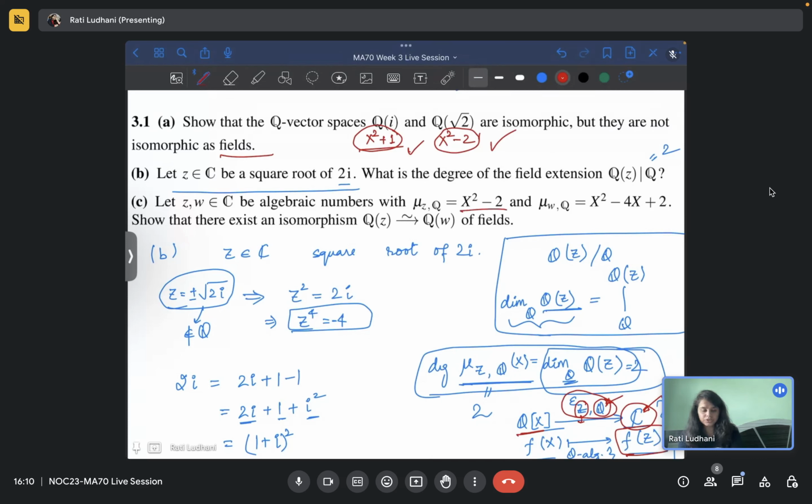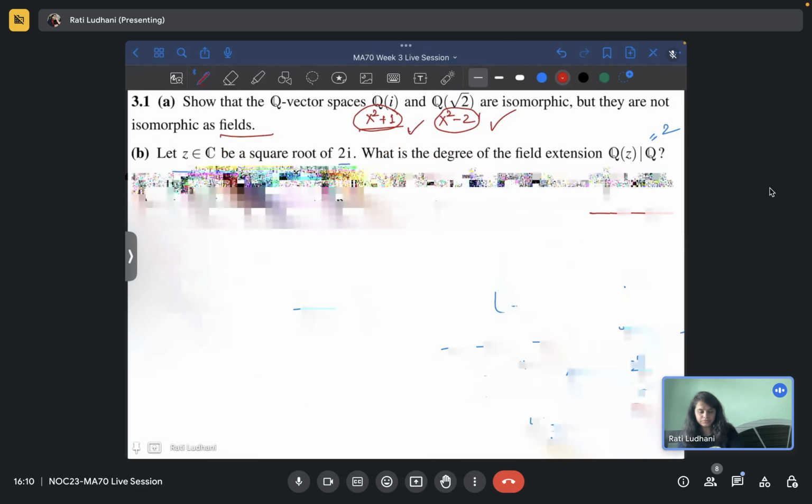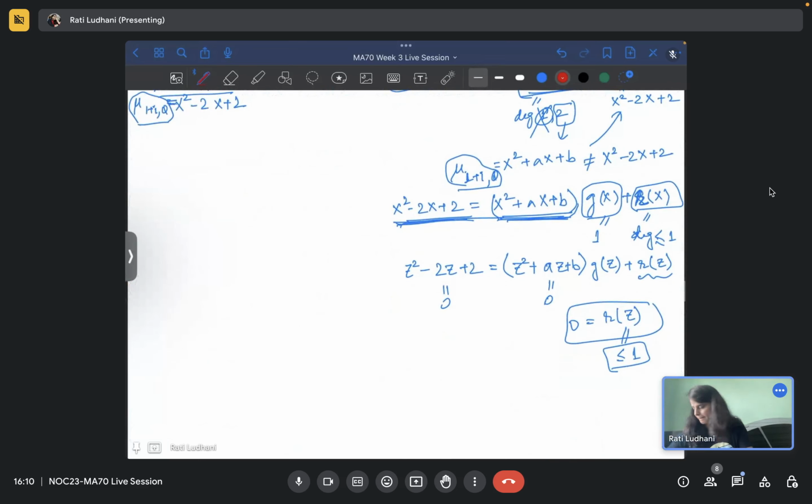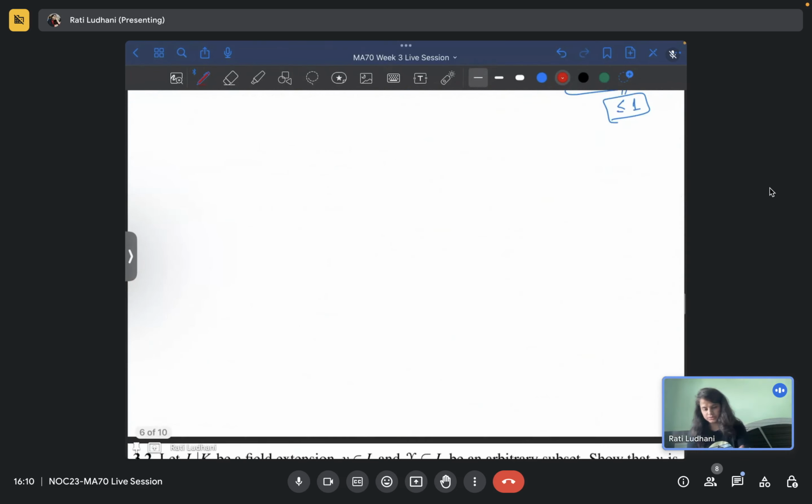In this case, we need to prove that these are isomorphic as fields. Okay, so just try to understand what is the difference we really have in these two parts. So of course, degree is not enough. Okay, so let's see this question.